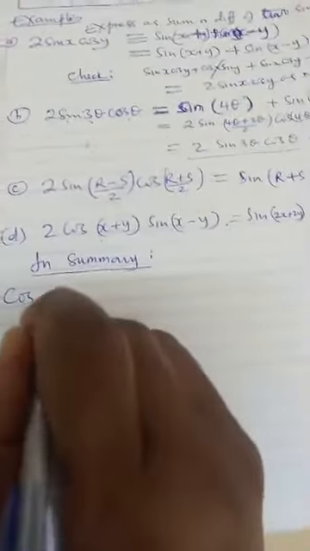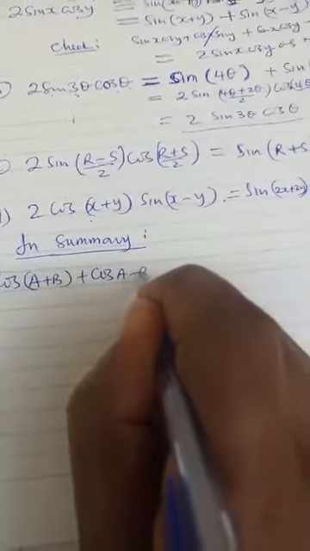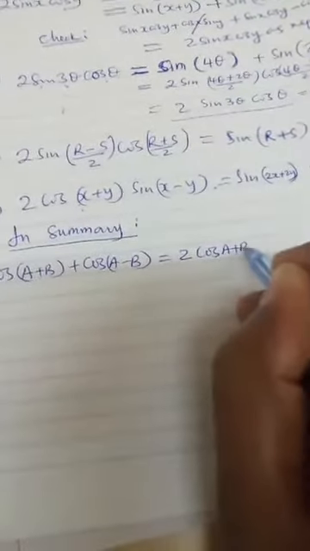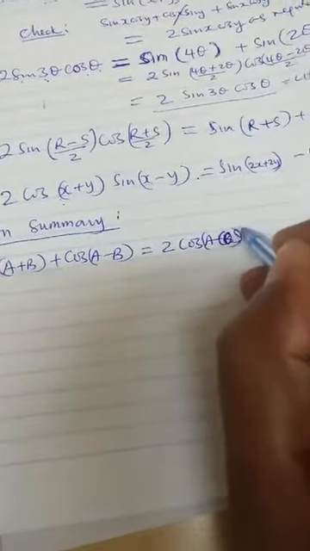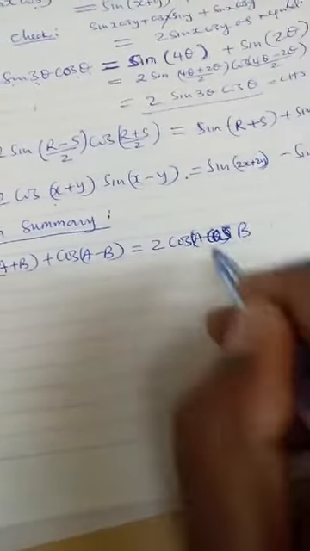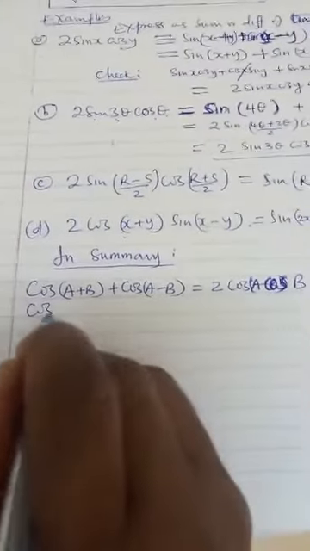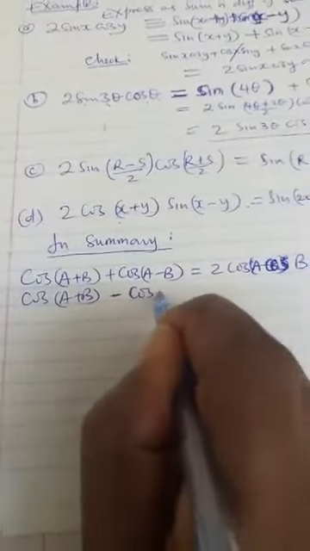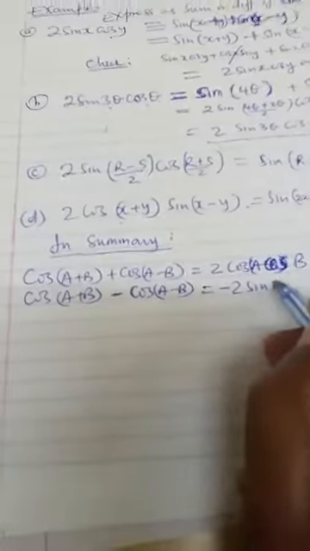We have been able to see that if we add two cosines, cos of a plus b and cos of a minus b, we get 2 cos a cos b. I hope this is clear. If we have cos of a plus b minus cos of a minus b, we've seen that we get minus 2 sin a sin b.